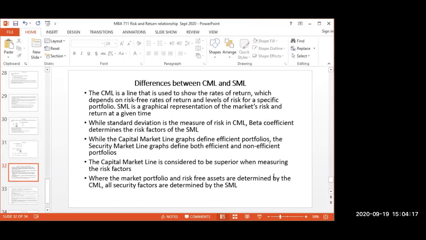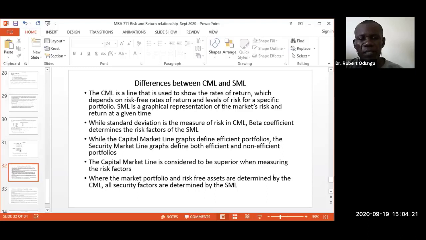We continue with our discussion. We are saying we have differences between the two lines that we saw yesterday, the capital market line and the security market line. As we mentioned when going through the illustration, the CML is a line used to show the rates of return, which depends on risk-free rates of return and levels of risk for a specific portfolio.